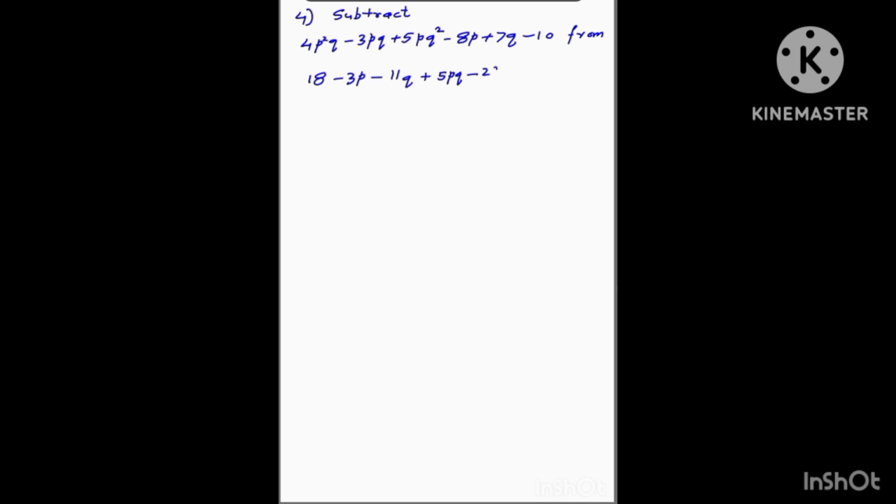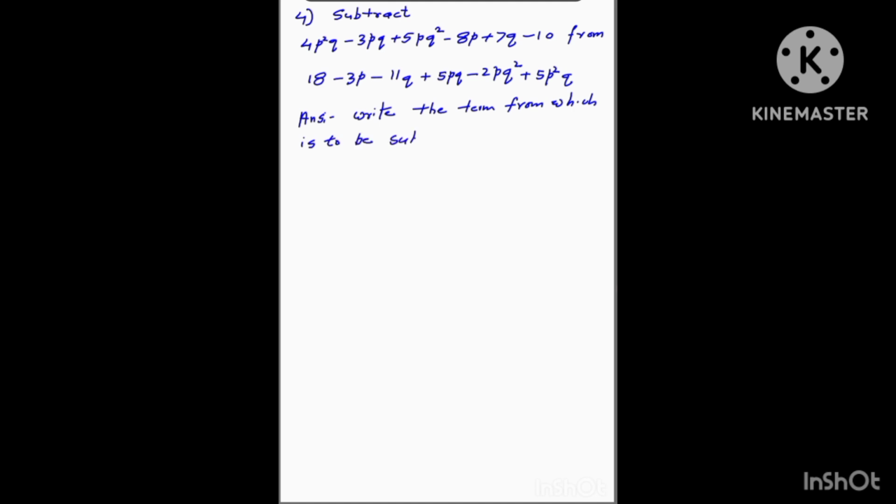We'll read it: 18 minus 3p minus 11q plus 5pq minus 2pq square plus 5p square q. Whatever it may be. As you know, we have to write the terms in a proper order. Either you write it in some order, or you can take it as it is.